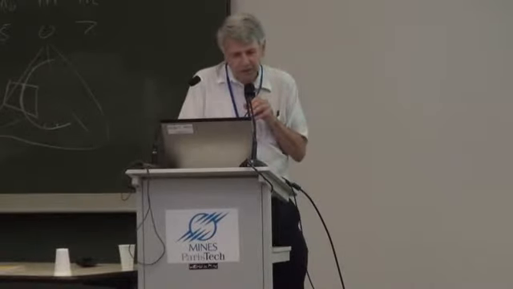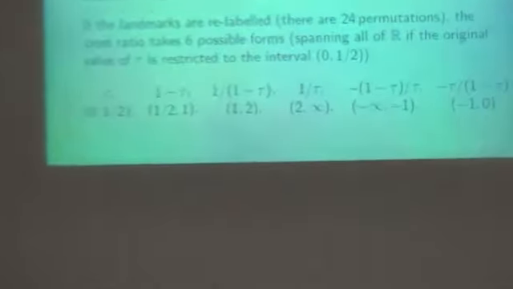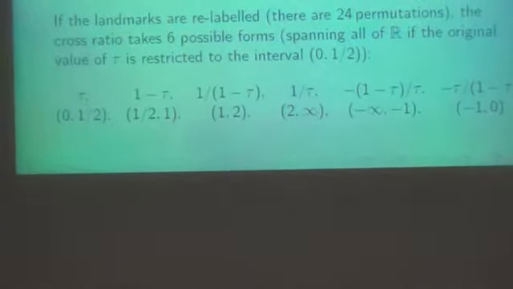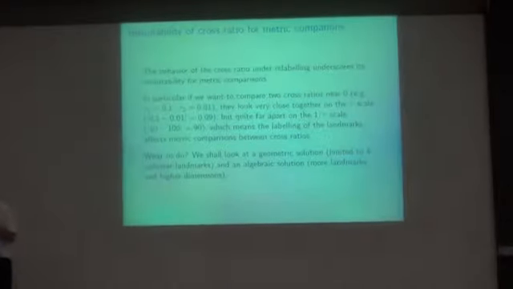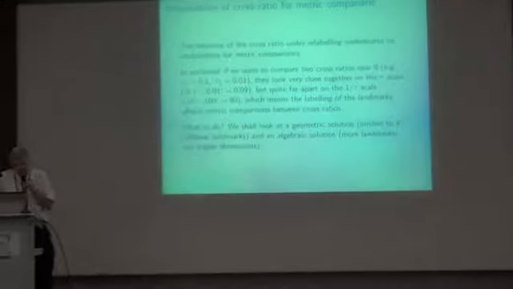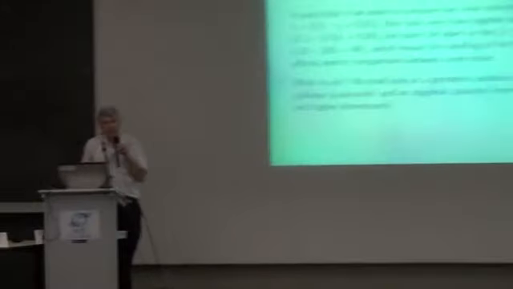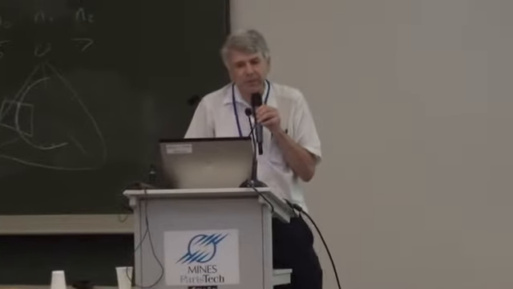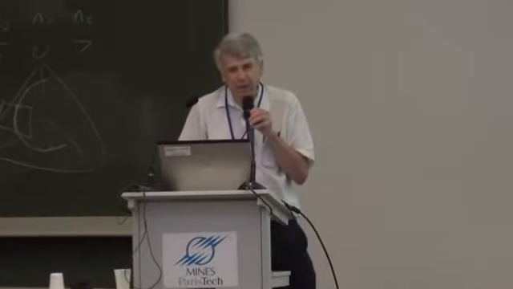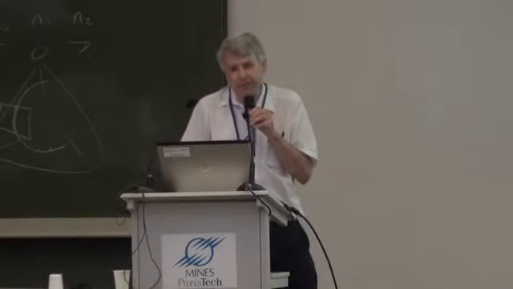Now, one of these transformations is 1 over tau. And it's this that helps make you realize why the cross ratio is not particularly suited to numerical metric comparisons between different projective shapes. Suppose I had 2 scenes that I was taking a picture of that happen to have very similar cross ratios. For example, 0.1 and 0.01. If you were looking on the tau scale, you would say, oh, those are very close together.